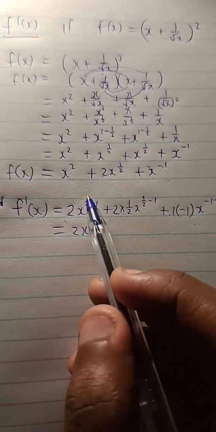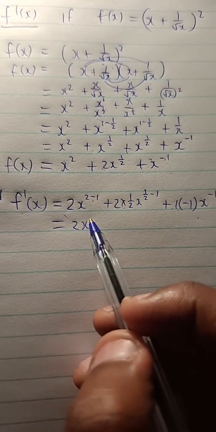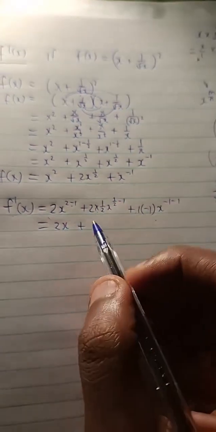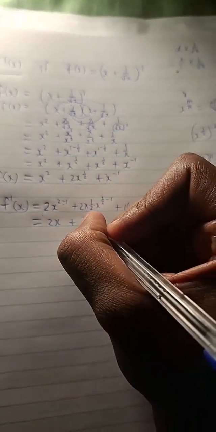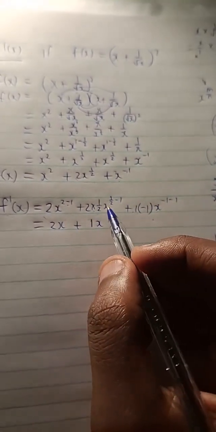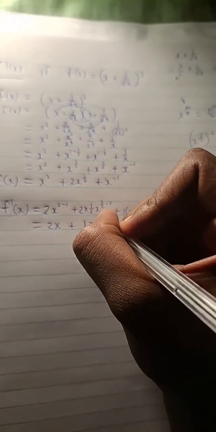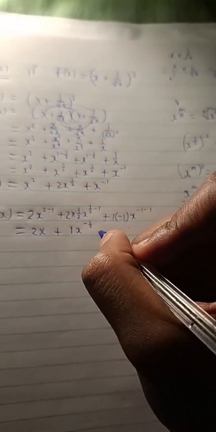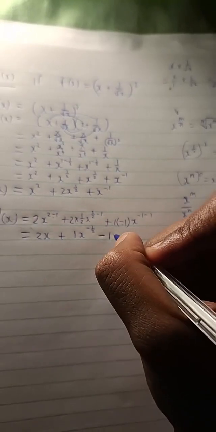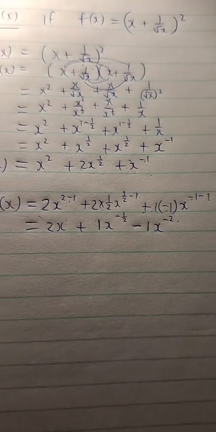Okay, and then final answer, 2x, because 2 minus 1 is 1. That 1 is invisible, it's there. Plus 2 times a half is 1. X to the power half minus 1. Surely you know that's negative. You can take your calculator, you'll get a negative half. And then positive times a negative gives us negative 1, x to the power negative 1 minus 1, which gives us negative 2.